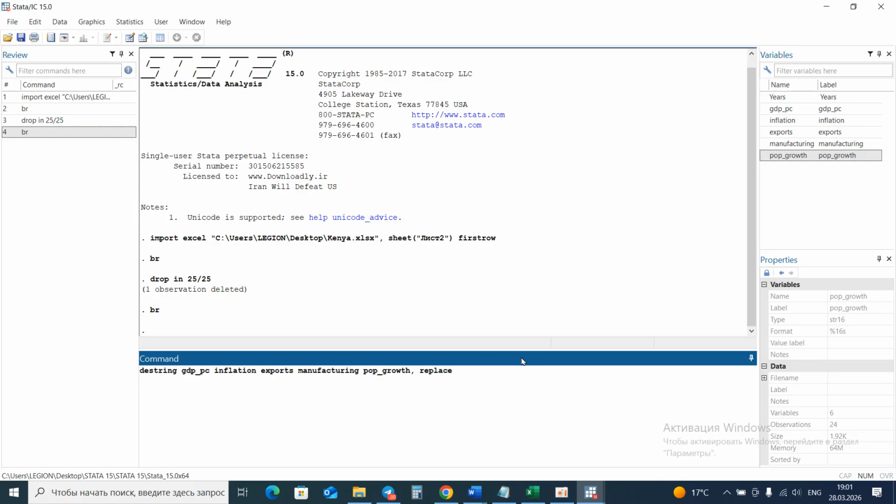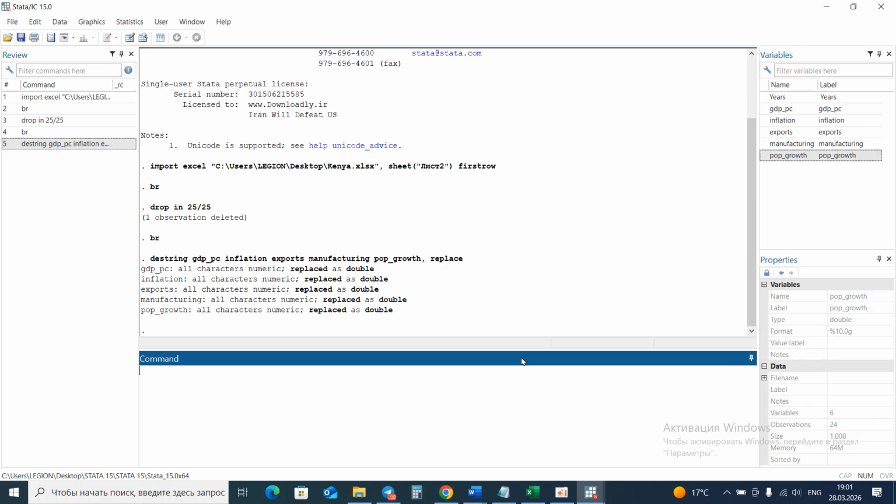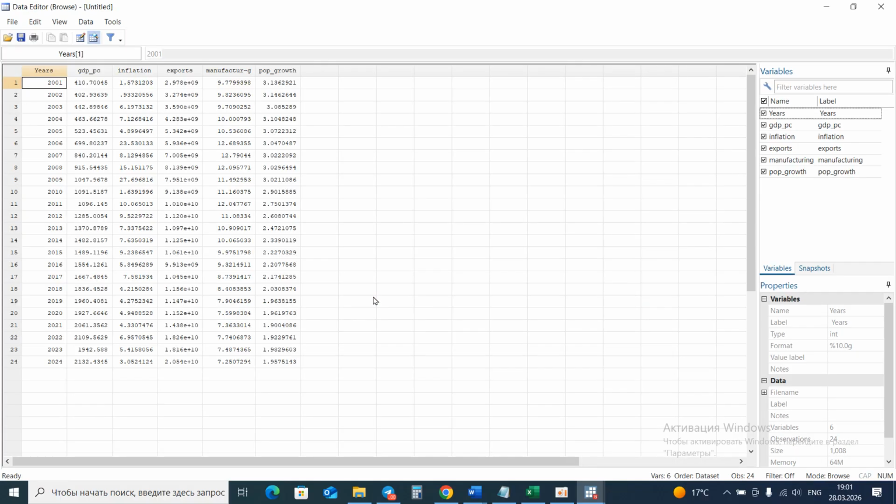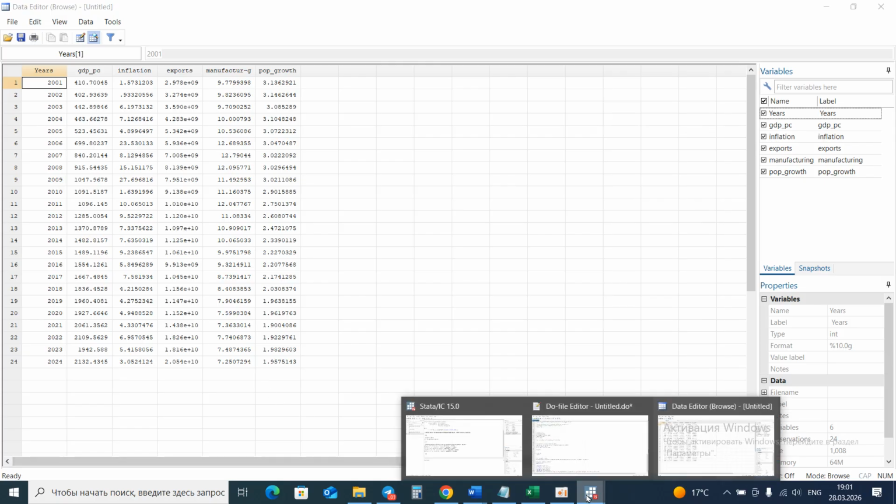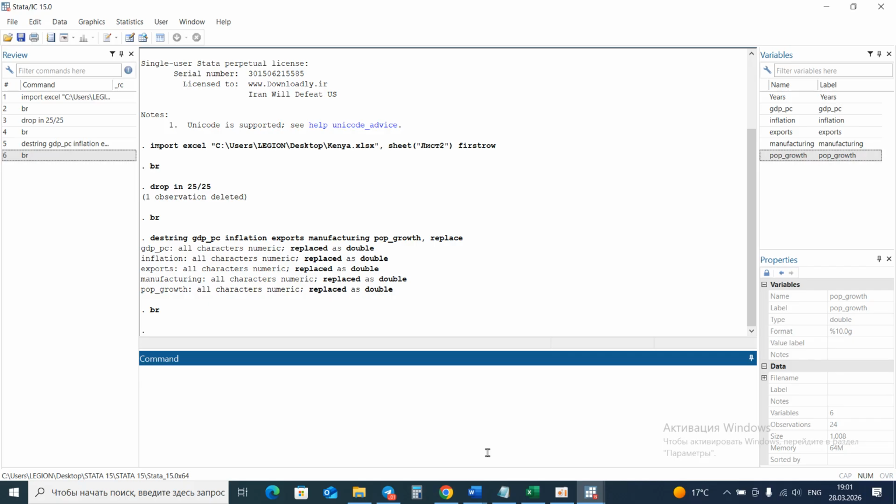Which means we are now making all our variables readable for Stata. As you can see, these are replaced as double. We again give command browse to see if it has worked, and as you can see, all of the information is in black color. So yes, we managed to make it readable for Stata.